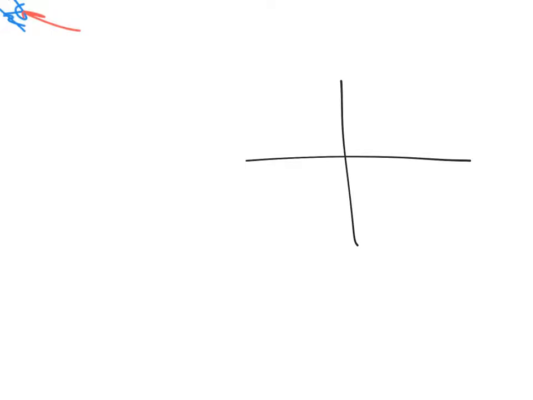But one of the things that you notice about inverses is they are always reflected across this line. This is called the x equals y line, because if x is 2, y is 2. If x is 3, y is 3. Okay, so x equals y, and we get this line that completely cuts this 90-degree angle in half and goes all the way through there.